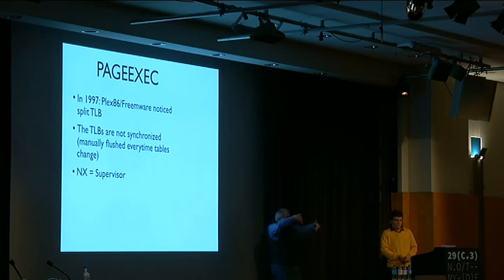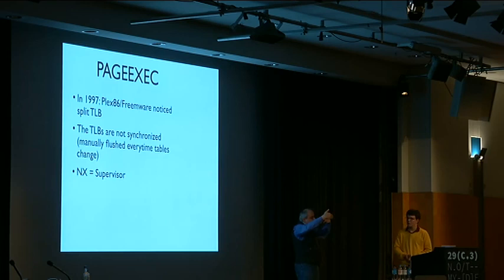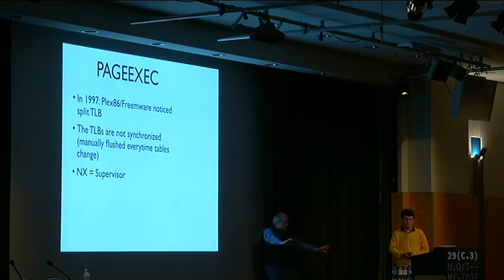So you have those translation look-aside buffers where you cache the results of your page table lookups. So you have the same set of page tables, 1 set of page tables per process, but 2 caches, ITLB and DTLB, instruction and data.